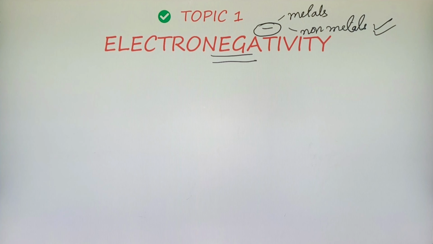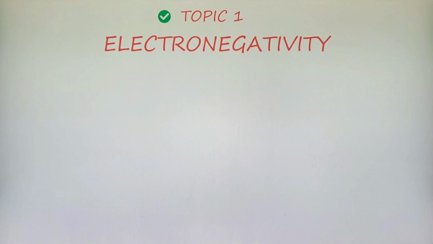This is one of the questions asked in the board papers: who do you think will be more electronegative, metals or non-metals? Always keep in mind, metals are positive whereas non-metals are negative. So if the question is who is more electronegative, definitely it will be non-metals.